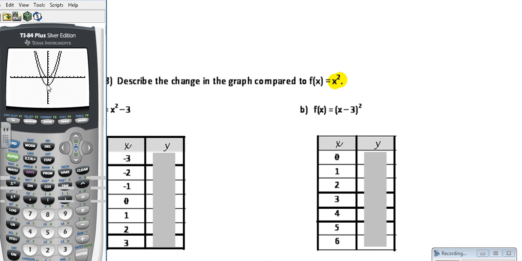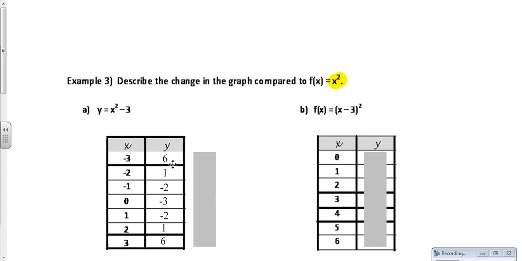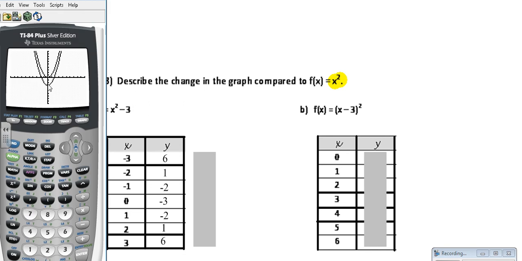It shifted down 3 units. So if I look at my table, it would show that same change. The minimum would be at 0, -3, that's the coordinate of the minimum, right there. So the minimum would be now -3 instead of 0. It was at the origin, and x squared minus 3 shifted it down. That's a translation.